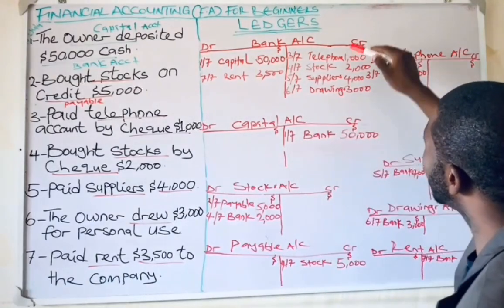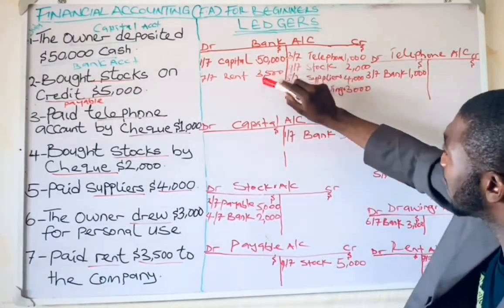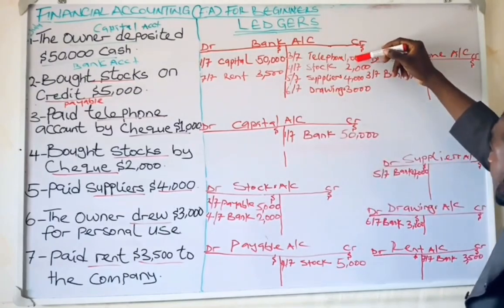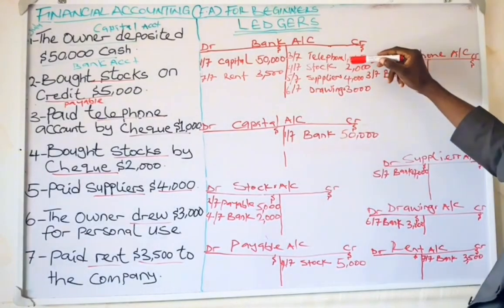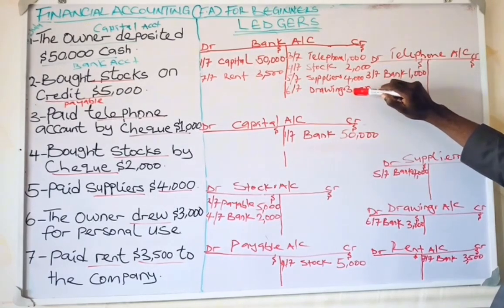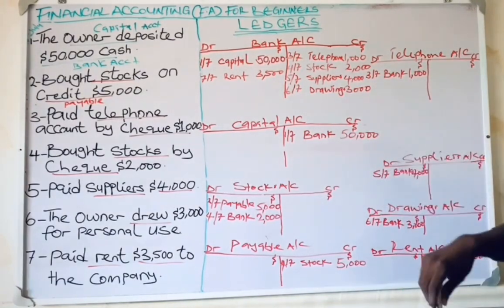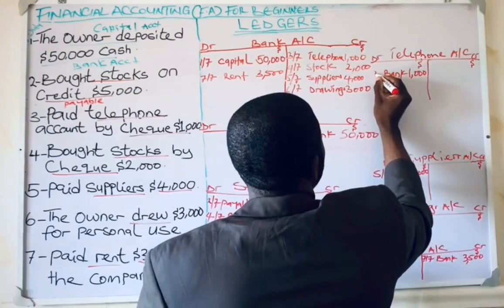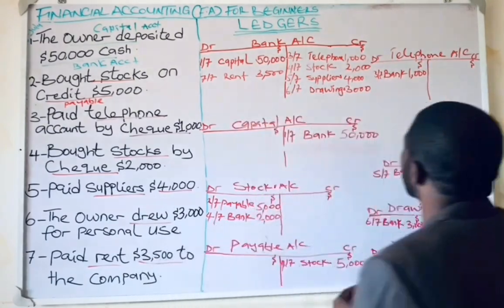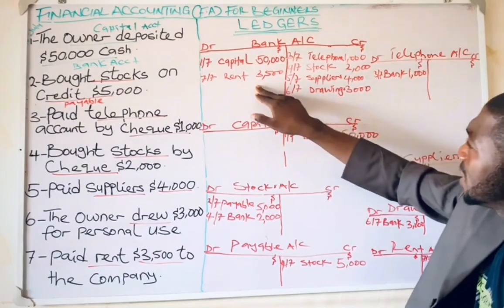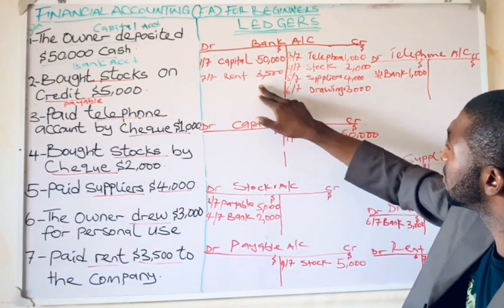Now, you add up the debit side, which is 53,500. Then you add the credit side, 1,000 plus 2,000, 3,000, 7,000, 10,000. We're having 10,000 here and 53,500 here.